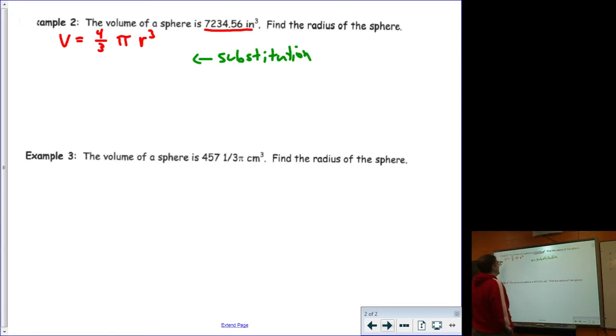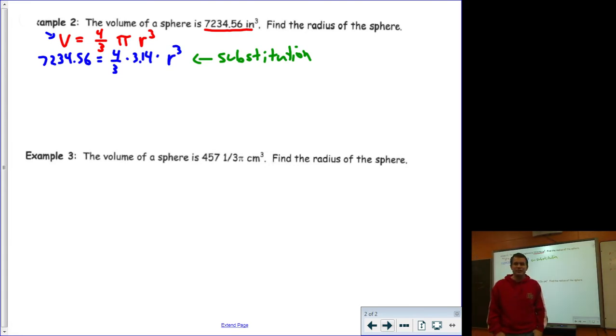I was given the volume here. The volume is 7,234.56. The 4/3 can stay. I'm going to substitute 3.14 for pi. And the r is what I'm trying to solve for, so that's going to stay in the problem.